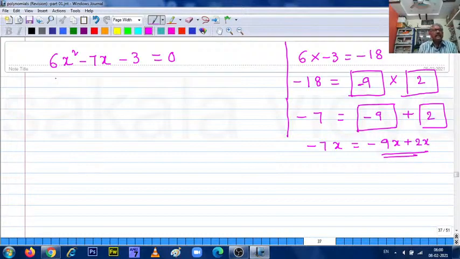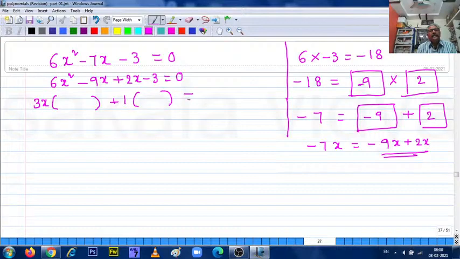So we can write like this: 6x square minus 9x plus 2x minus 3 equals 0. Here very interesting, from 6x square and 9x, from 6 and 9 we can take 3 common, from x square and x you can take x common, so you can take 3x common, put the bracket, here 2x plus 1... put the bracket, equal to 0.